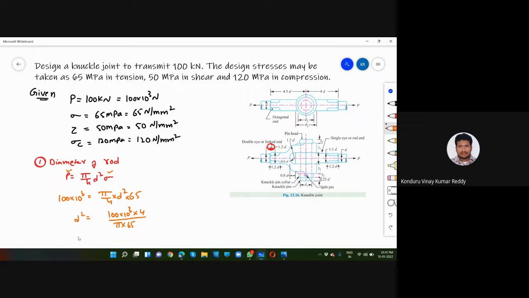Can anybody tell me what the d value is now? d value is equal to 44 millimeters. I think let us check one more time.